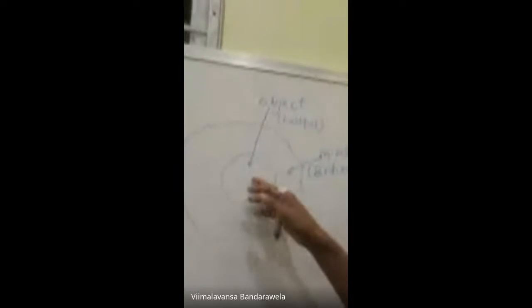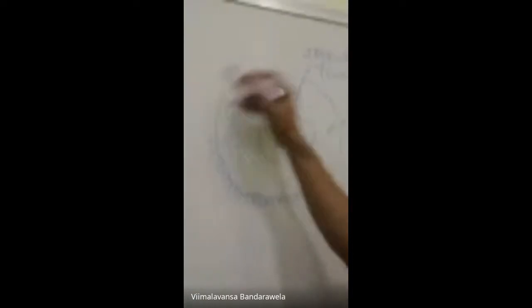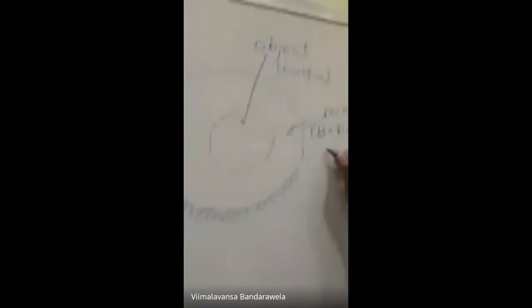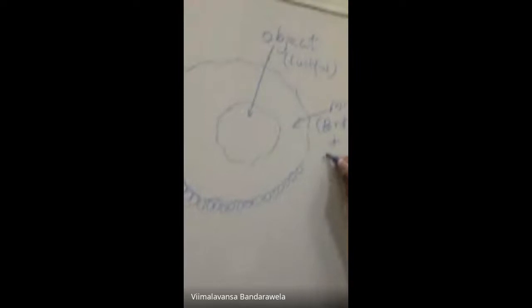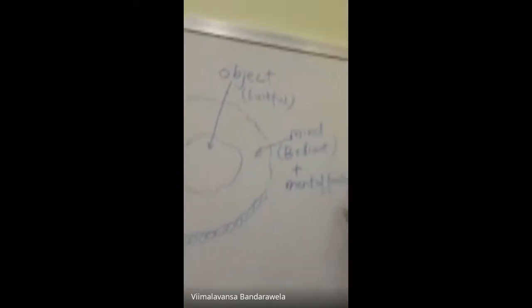And then this mind actually depends on the rupa, right? All around the mind, you have rupa kalapa. The mind cannot arise alone; it arises with mind plus mental factors.